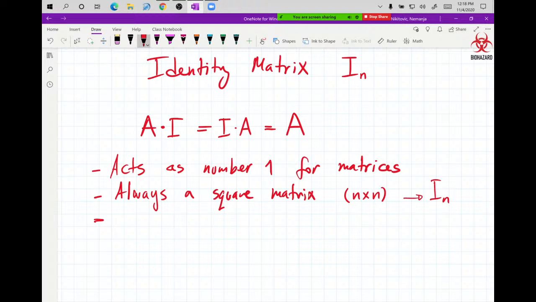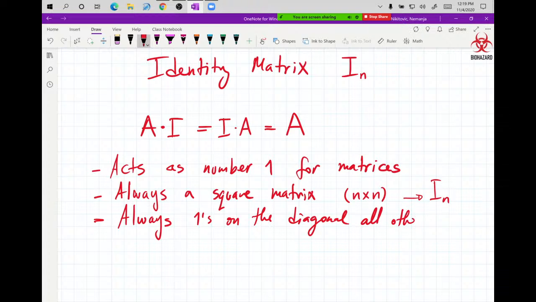And finally, always ones on the diagonal, all other entries are zeros.